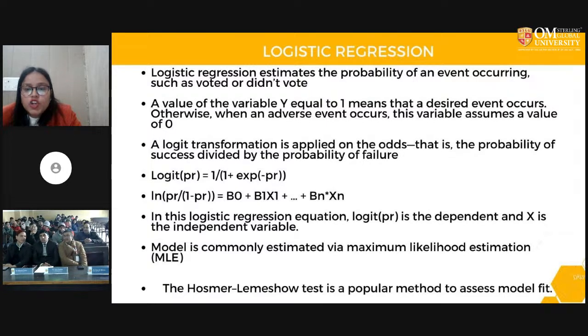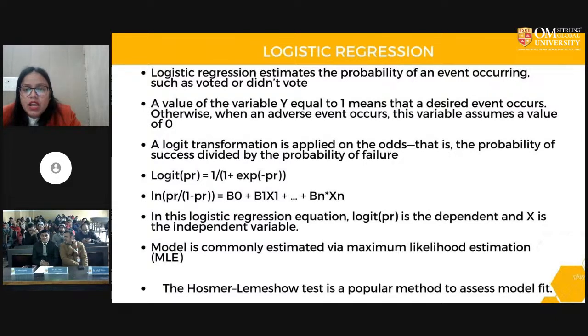Now, talking about logistic regression: it estimates the probability of an event occurring. Because my dependent variable is in categorical form, in that case we look at the probability of an event occurring. For example, take someone who voted and someone who didn't vote. So there are two categories of a particular variable, and we have to assign values to those categories.